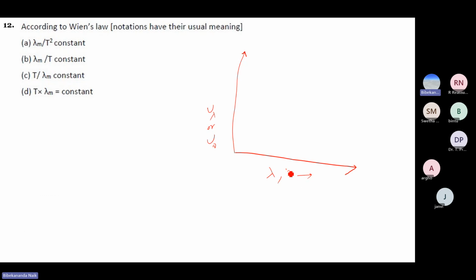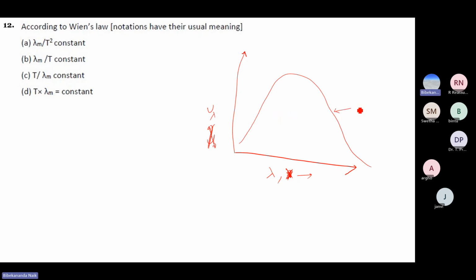So let's assume that we are plotting with respect to only lambda. So it will be u lambda. Then the curve will be somewhat like this.